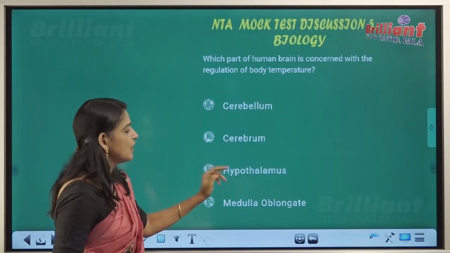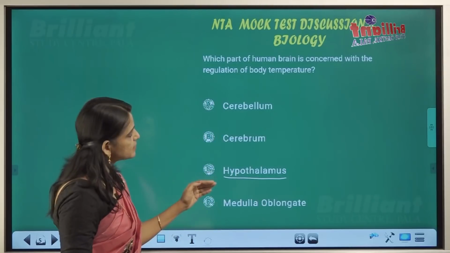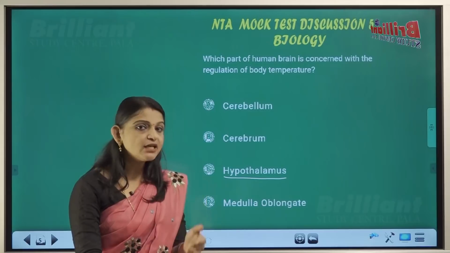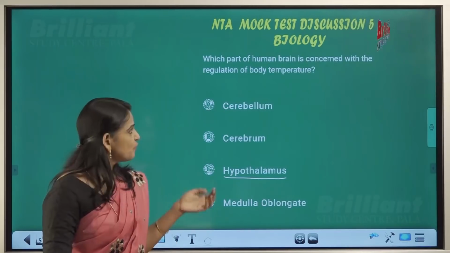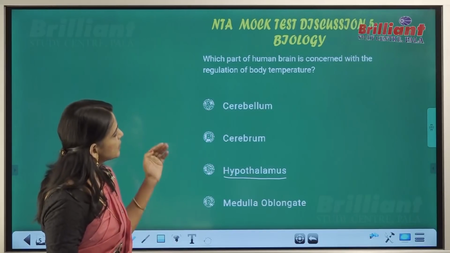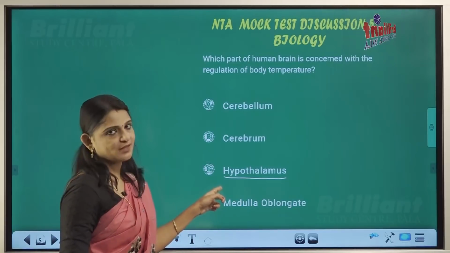So next one, hypothalamus. That is the answer. Hypothalamus is responsible for regulating body temperature. It will give you the feeling of thirst, the feeling of hunger, etc. So the part of the human brain concerned with the regulation of body temperature is hypothalamus.